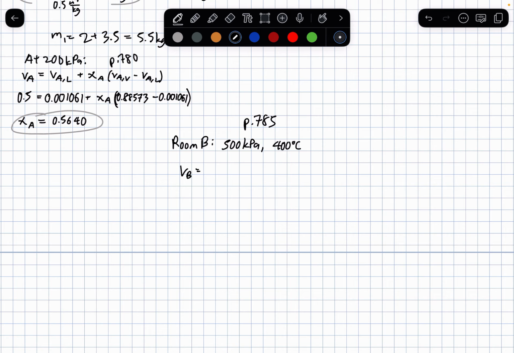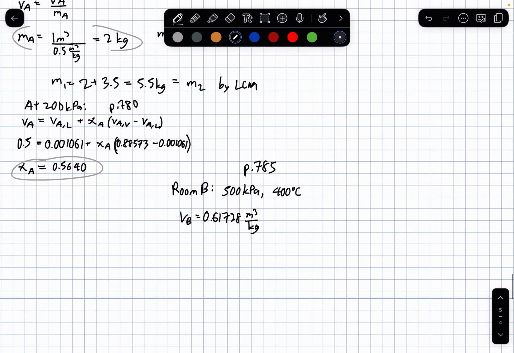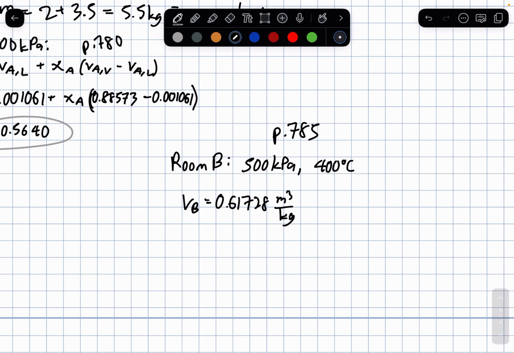So V sub B is equal to 0.61728 meter cube per kilogram. What else can we find? Do we know the mass of room B? Yes, we do. So recall, M sub B is equal to 3.5 kilograms.